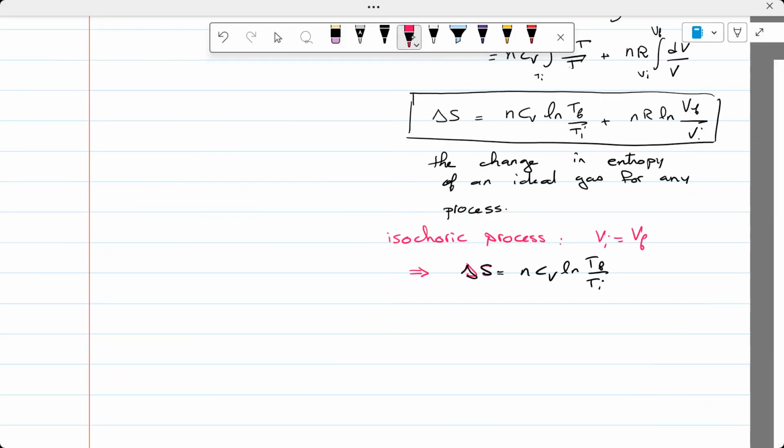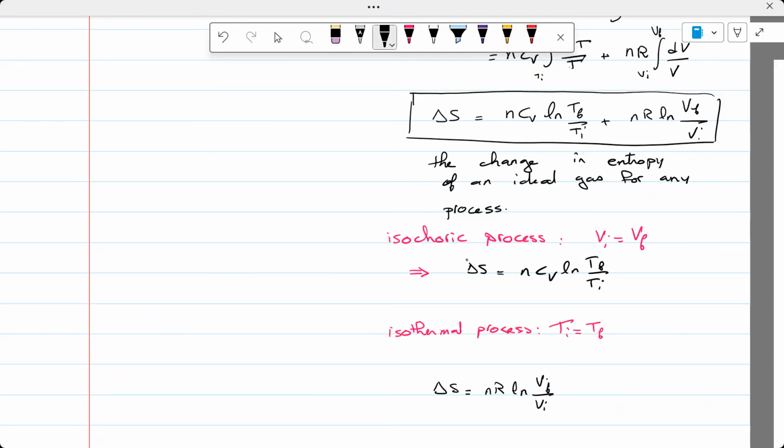And I also said, what if I have an isothermal process? Then T initial equals T final, and delta S will be equal to, so the first term cancels out in that case. Now, if I have an adiabatic process or an isobaric process, then all of these terms will actually be there.